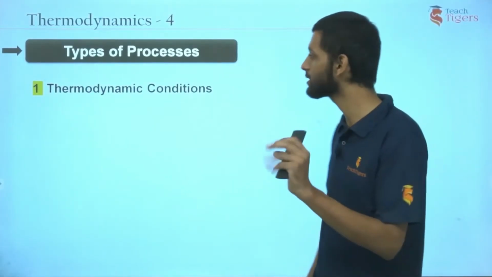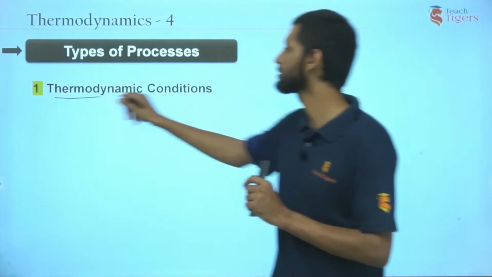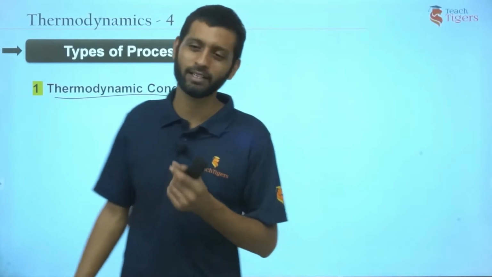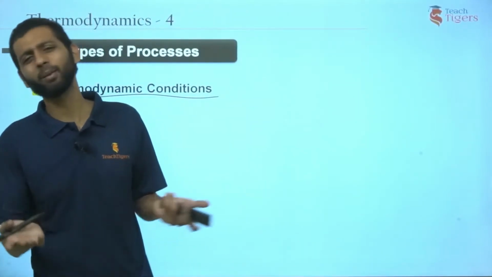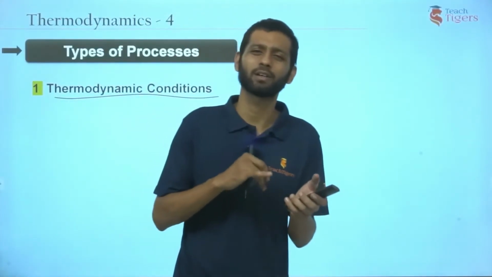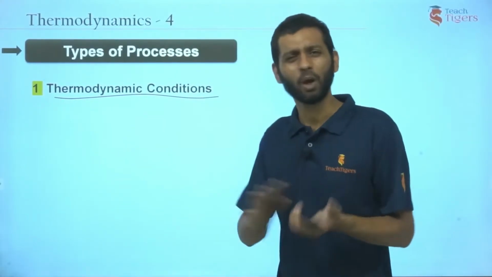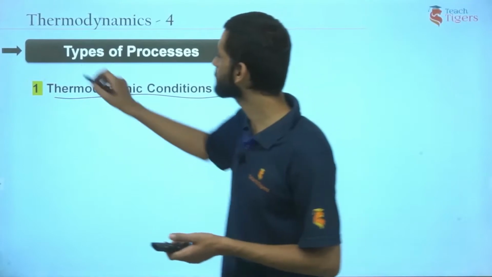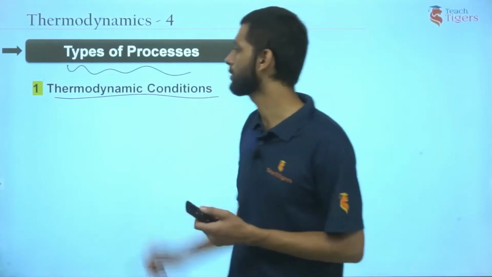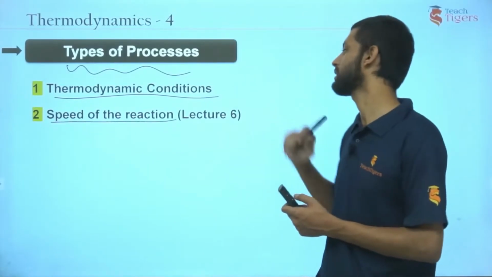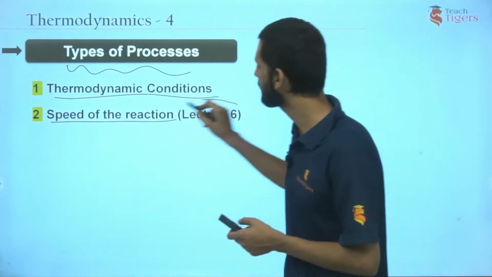The first classification is based on thermodynamic conditions. Thermodynamic conditions relate to thermodynamic variables: pressure, volume, temperature, number of particles, entropy, enthalpy, all those things. So I'm going to relate types of processes based on thermodynamic variables. I'm also going to relate types of processes to speed of the reaction, but we will discuss that in lecture 6.